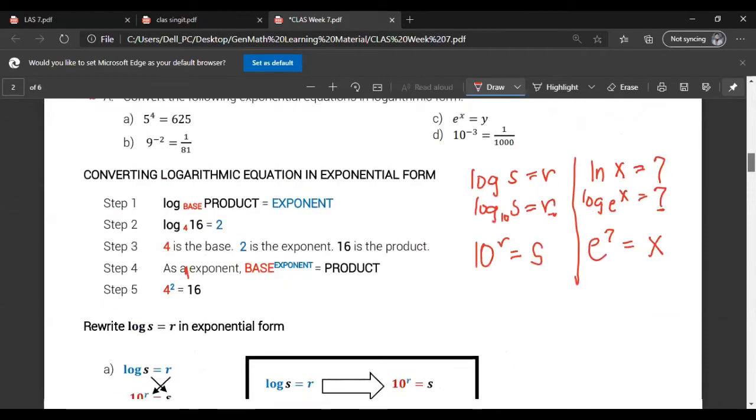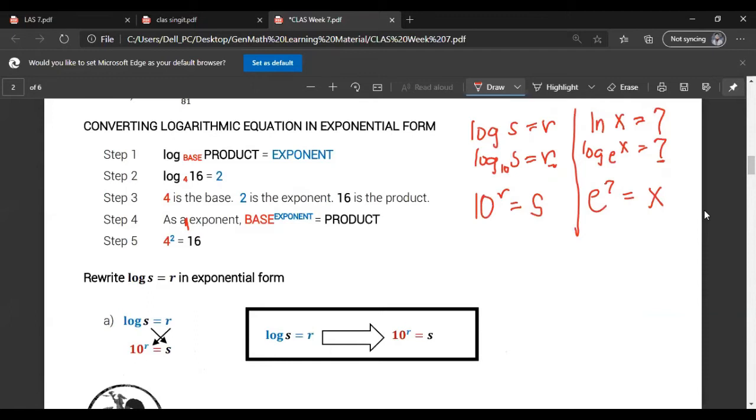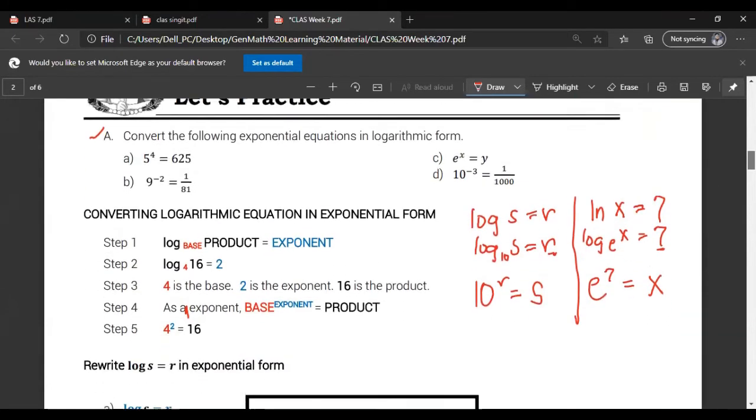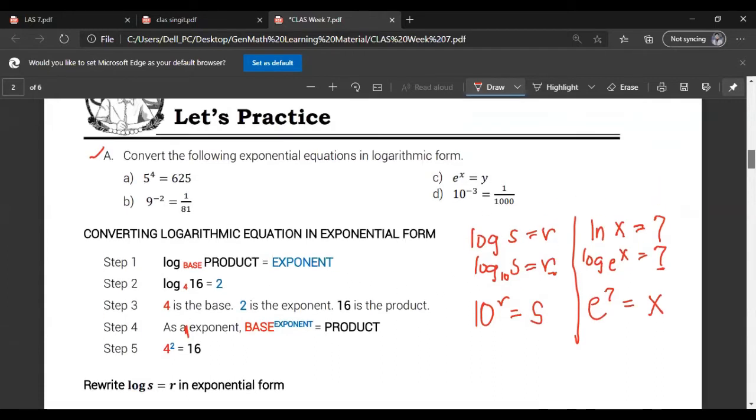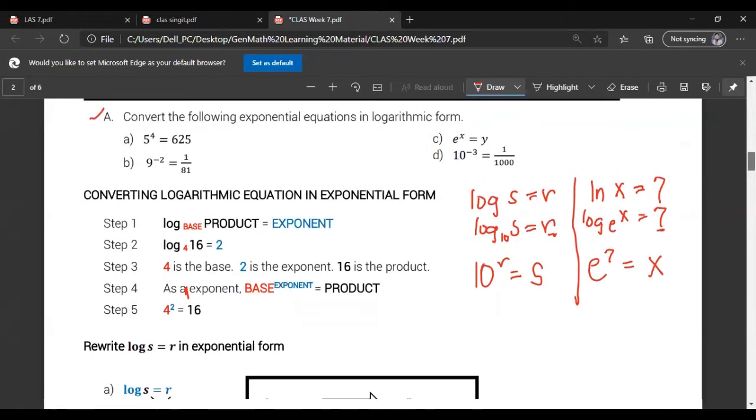Since I gave you examples already, based on our discussion, do you have questions in converting exponential form to logarithmic form and vice versa? Maybe you have a question or clarification. None? Okay, isn't it easy?